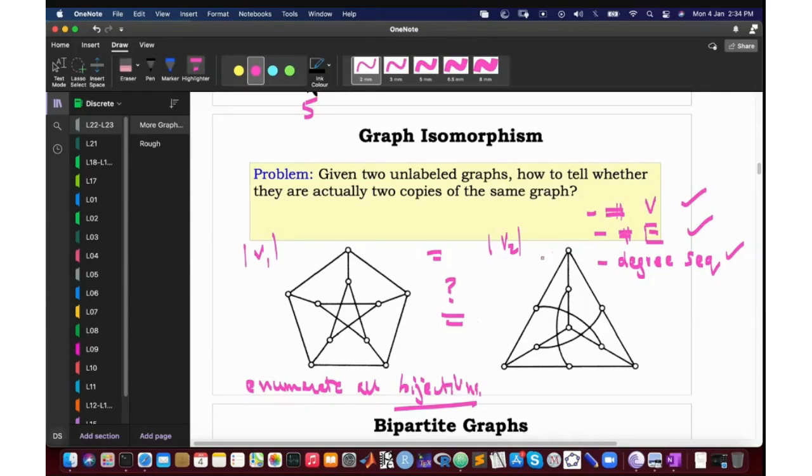I will tell you about some other problems which are hard but which we know we can solve in polynomial time. But for graph isomorphism we actually don't know. There is evidence that we might be able to solve it, but there is no known algorithm to solve it in polynomial time.